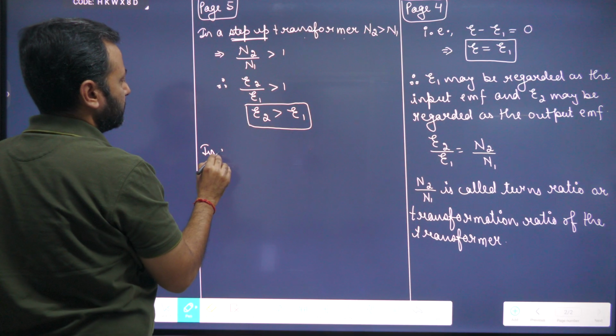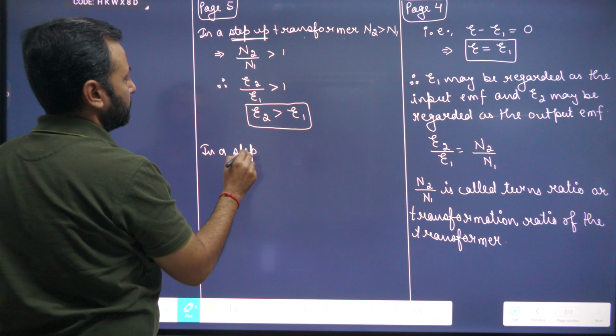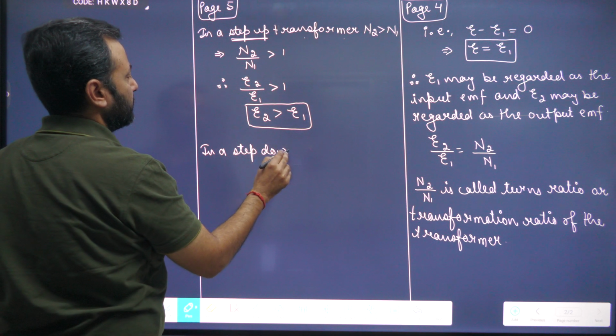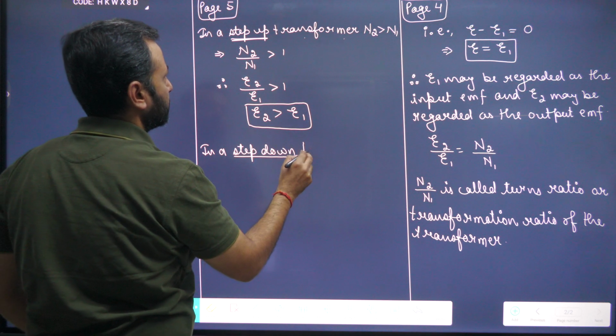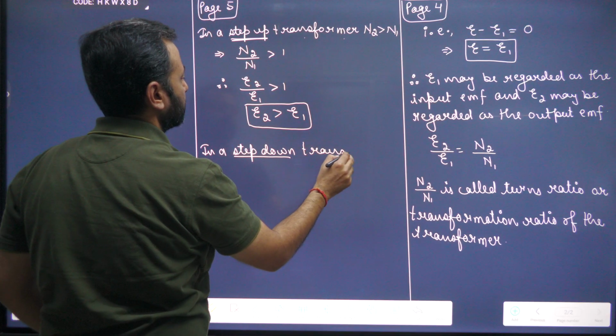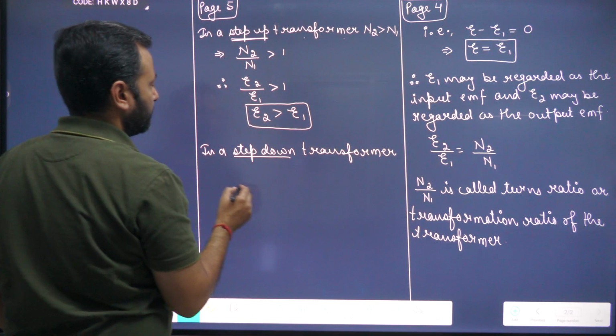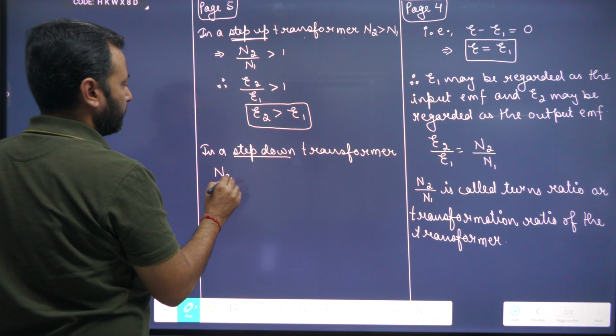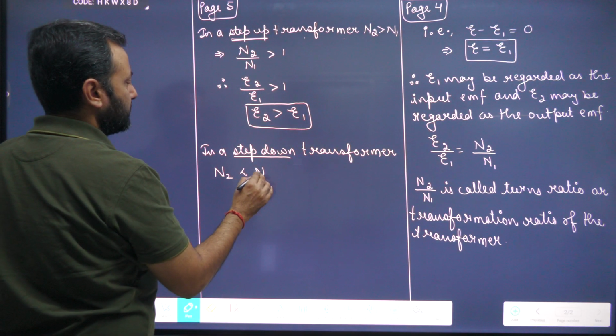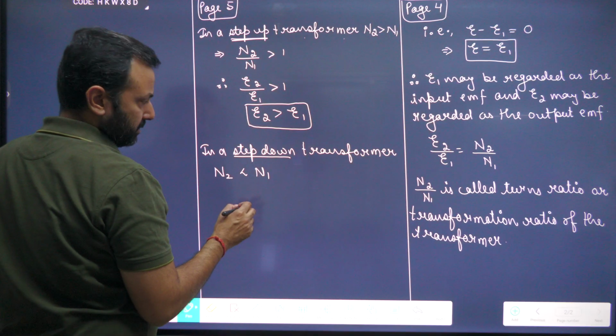In a step-down transformer, N2 is less than N1.